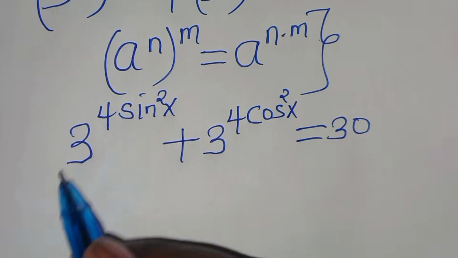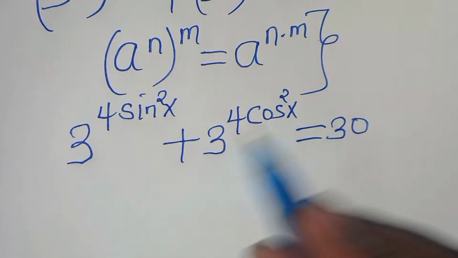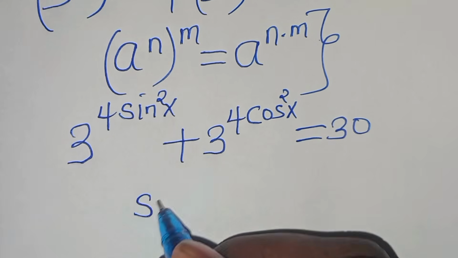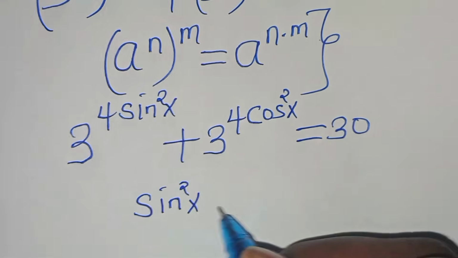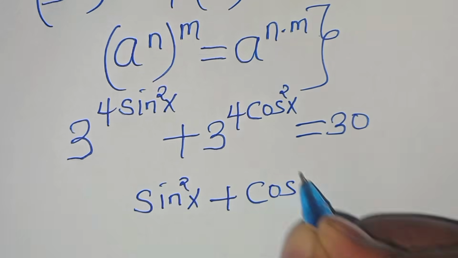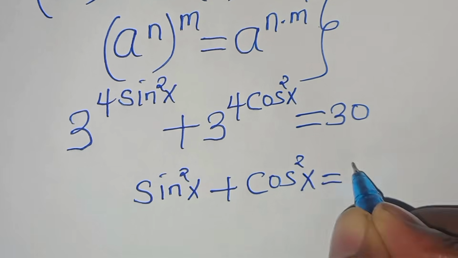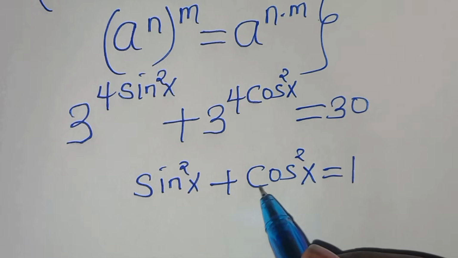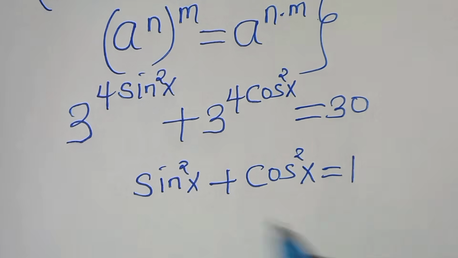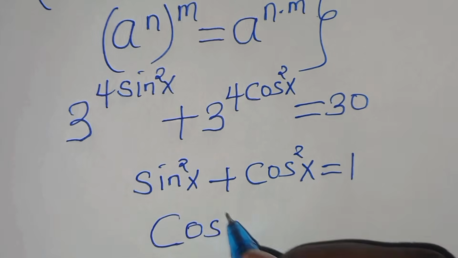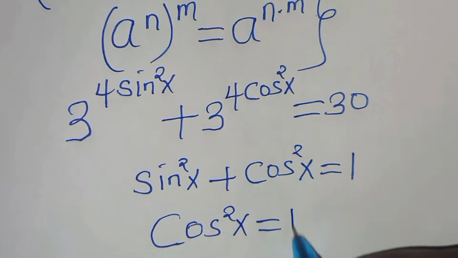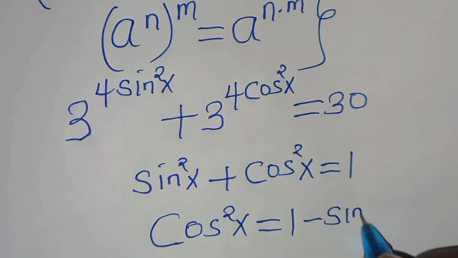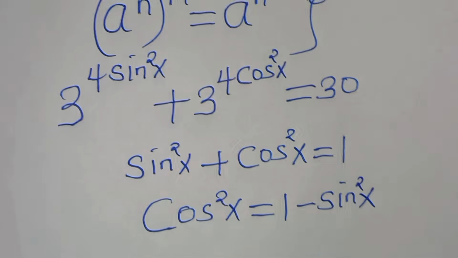Now, the next step from here, from the trigonometric identity, sine squared x plus cos squared x is equal to 1. Let's make cos squared x the subject of the formula, so that cos squared x is equal to 1 minus sine squared x.